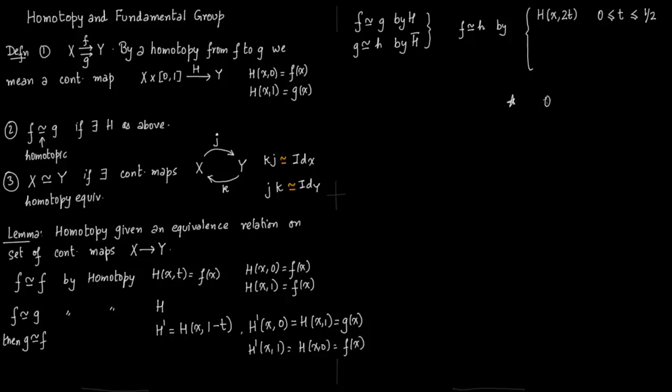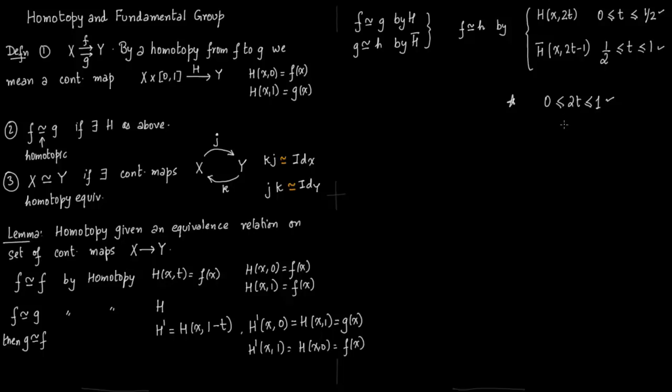So this will be a continuous map. Notice that when t lies between 0 and half is actually precisely meaning that 2t lies between 0 and 1. So we have done nothing. We first travel from 0 to half with homotopy H, and then we travel with homotopy H bar from half to 1.